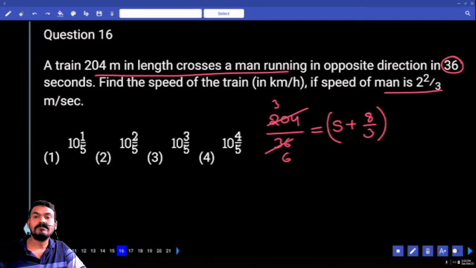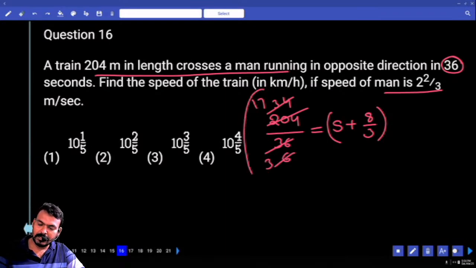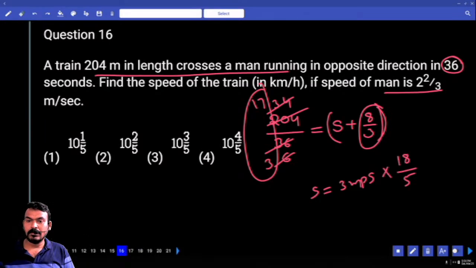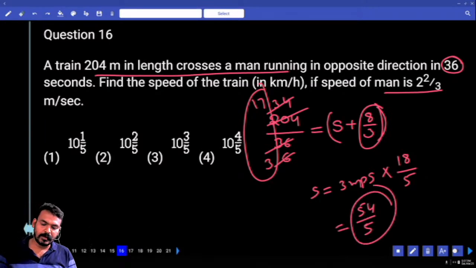Numerator 34 by 6 is 17/3. Here already 8/3. What is the difference? 9/3, which means 3. S equals 3 meter per second. But it is converted to kilometer per hour by multiplying by 18/5, so 3 into 18/5 is 54/5, which is 10 4/5.